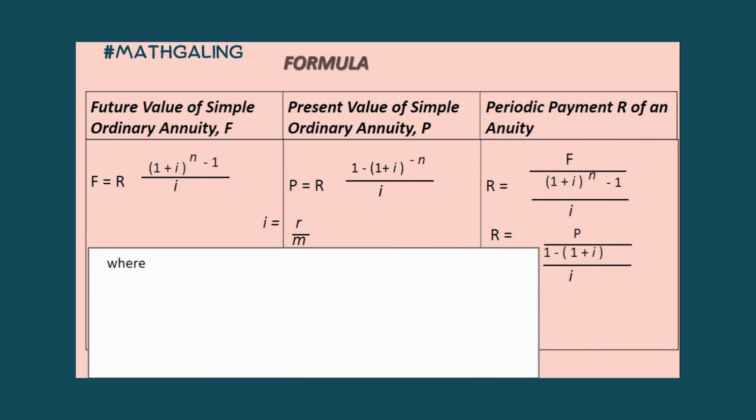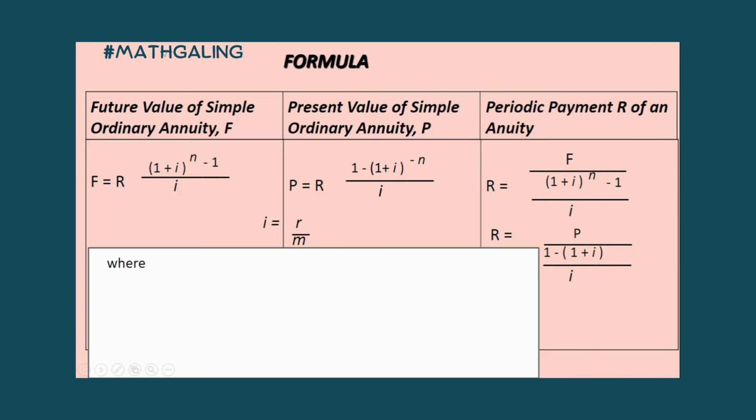There are three formulas for ordinary annuities. The first one is the future value of a simple ordinary annuity. The second one is the present value of a simple ordinary annuity, while the third one is the periodic payment R of an annuity. The periodic payment has two types of formulas.